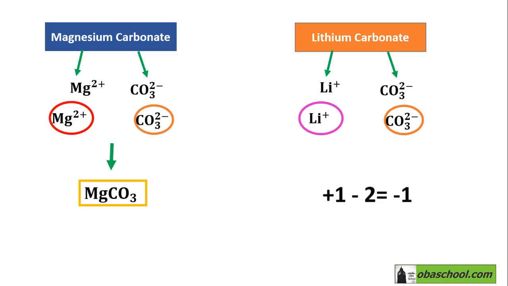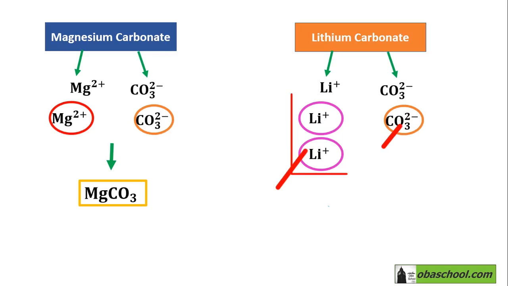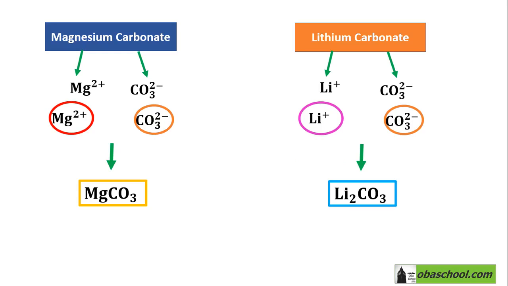So we need one more lithium ion in order to cancel out the minus 2 charge carried by the carbonate. So we add one lithium ion. Now we can cancel out the charges and it will give us a neutral ionic compound. So the chemical formula of lithium carbonate is Li2CO3.